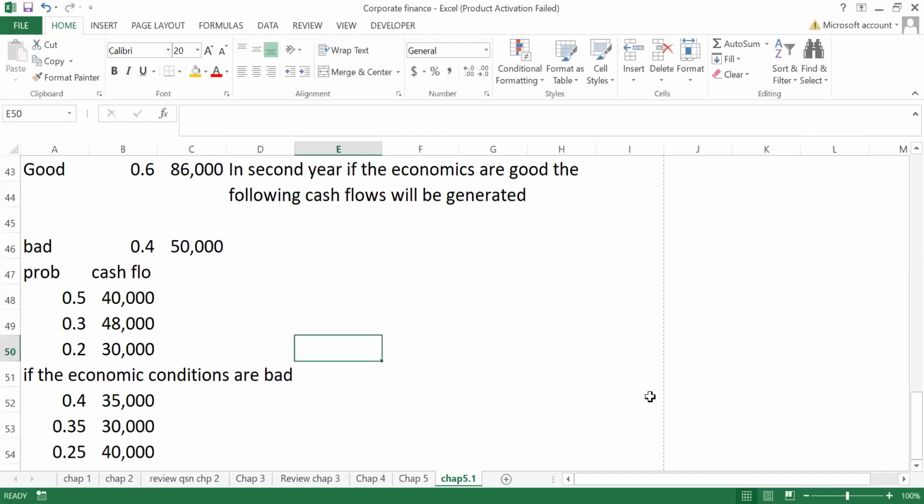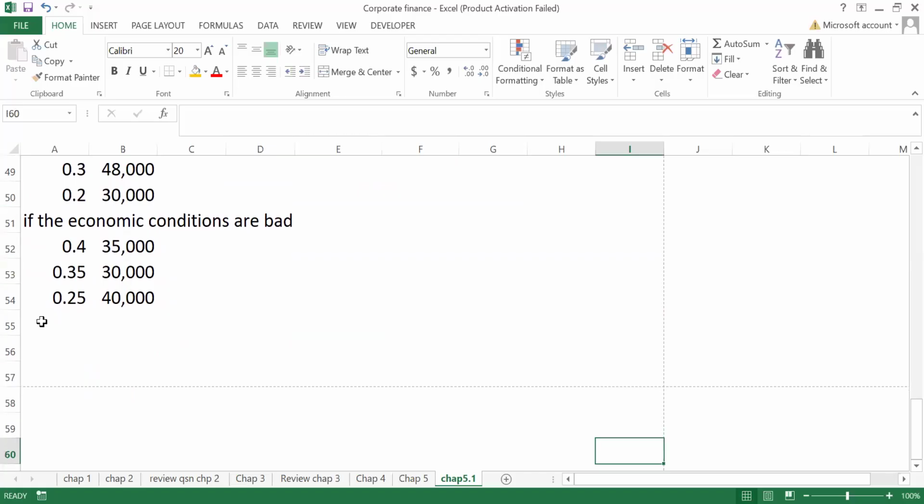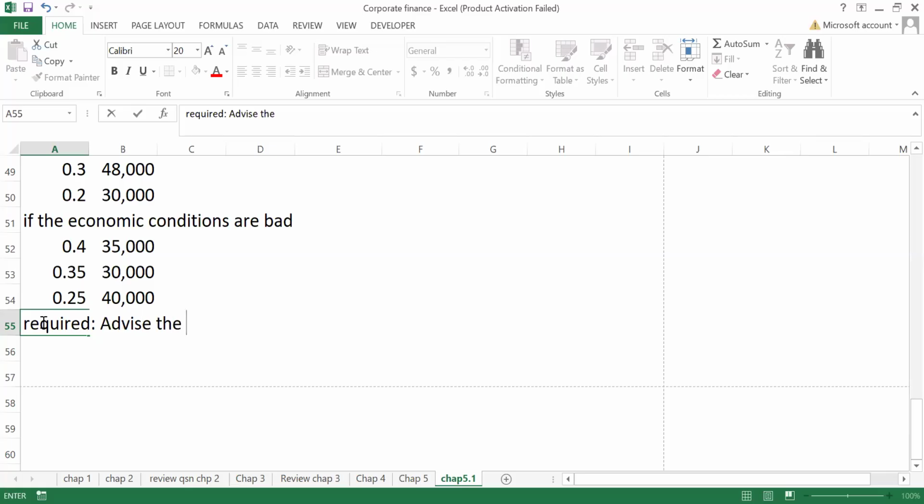I don't know, because the question is fragmented, maybe I didn't write it well. Advise the management on whether to accept the project or not.